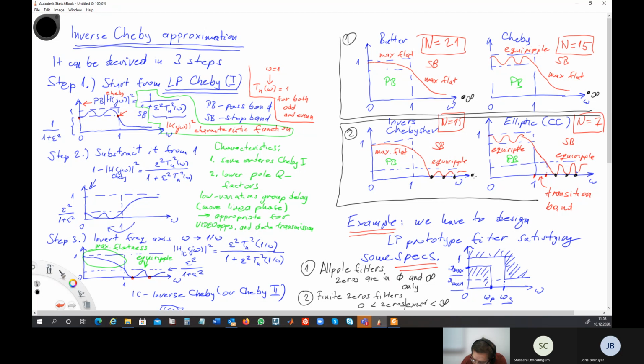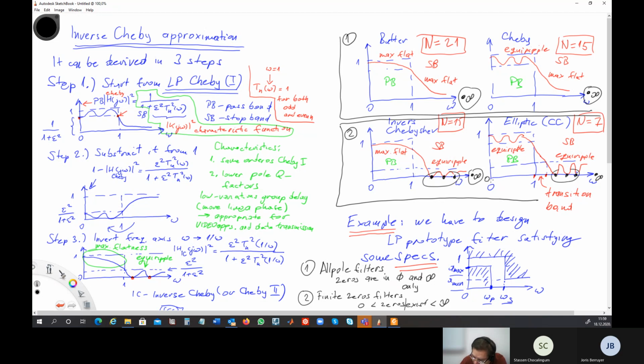We have also here some 0 at infinity, maybe. And here we have only zeros at infinity, but here we have a 0 at infinity, but also we have these finite zeros.